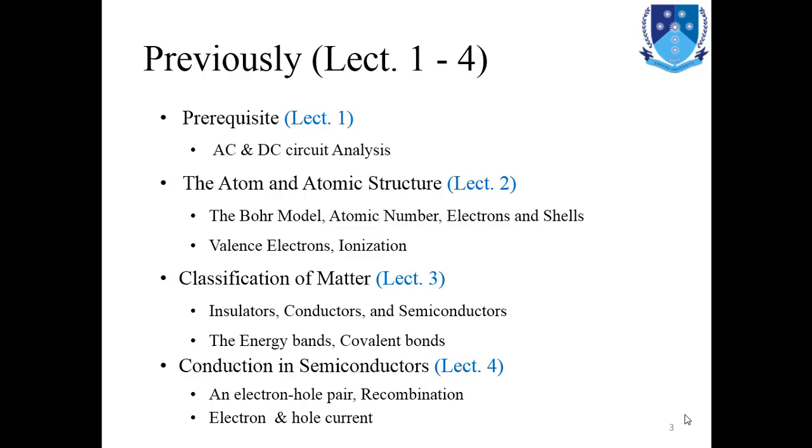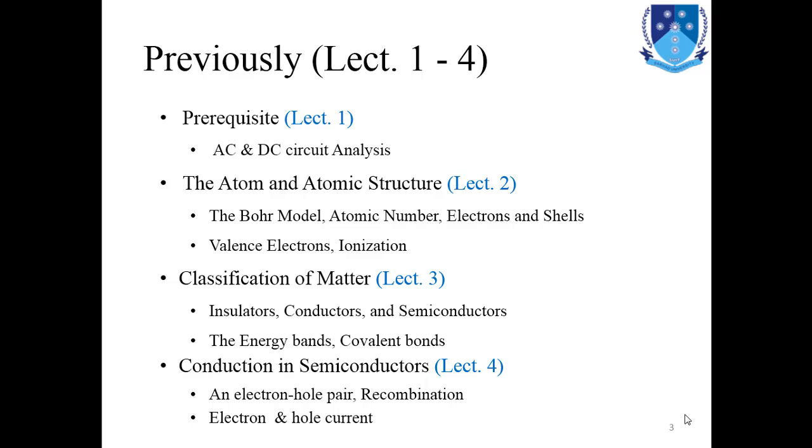We also discussed that when a free electron loses its energy and falls back into the valence band, it recombines with a hole. This process, known as recombination, was also discussed in lecture number 4.